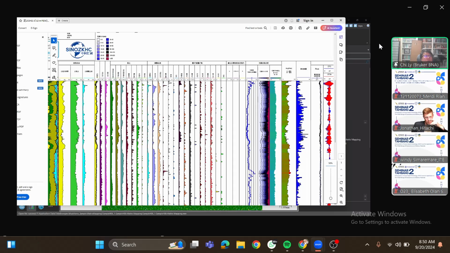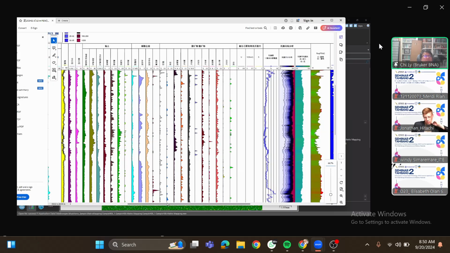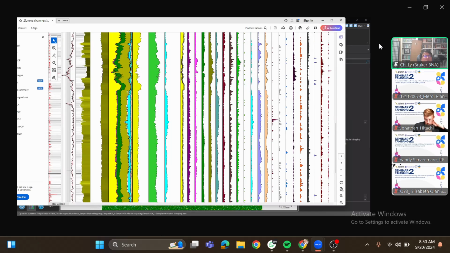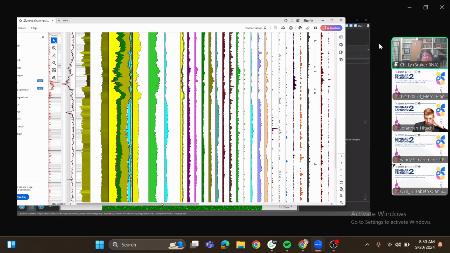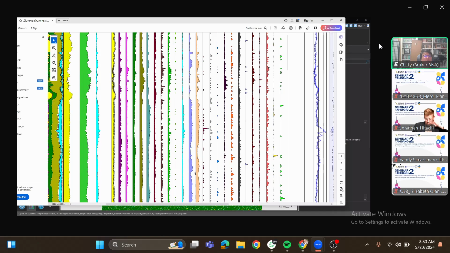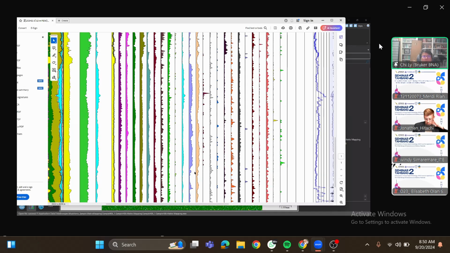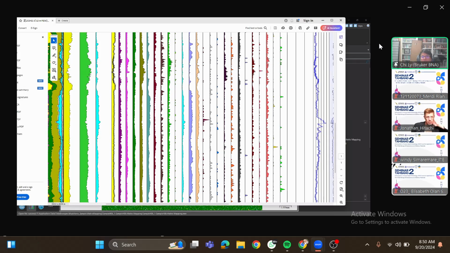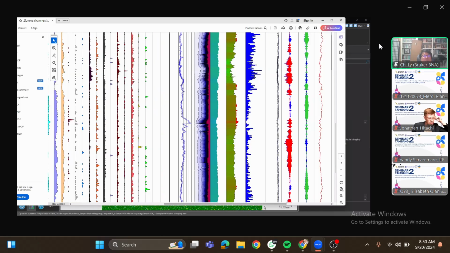Where all the mineralogy is collected consistently up and down your actual core. You can look at individual minerals to understand trends throughout that core volume. And because you have the mineral volume, you also have the porosity, you have the ability then to start predicting petrophysical properties as well.